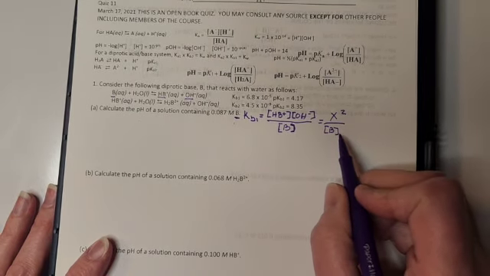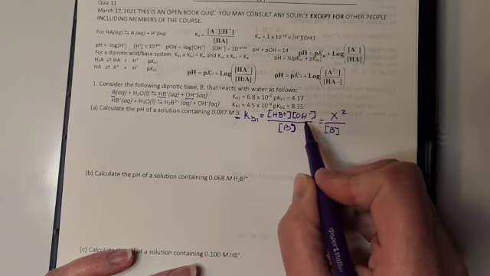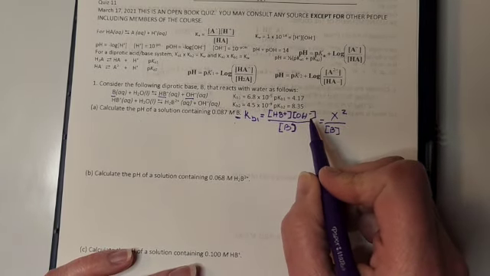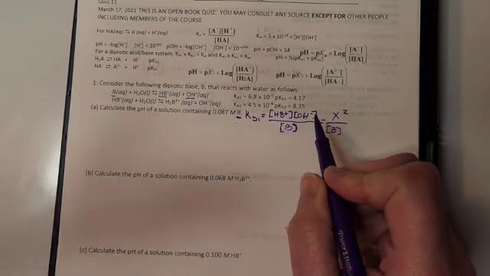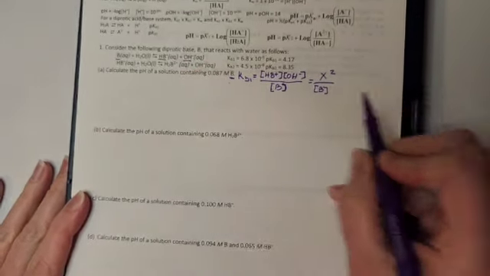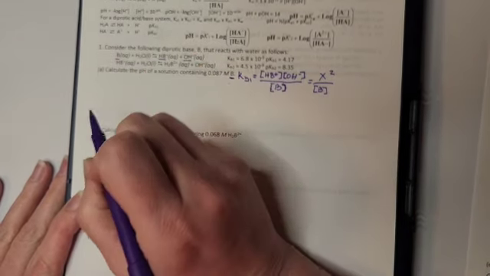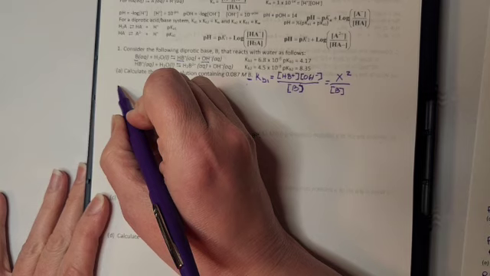We're going to solve for X in order to get our hydroxide ion concentration, and then go from there to pH. We're going to rearrange this equation so that we're solving for X.